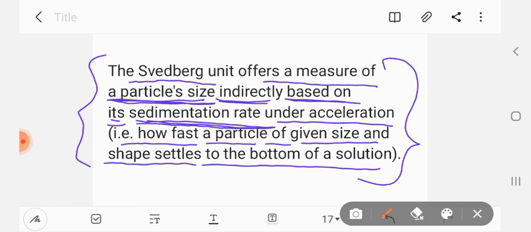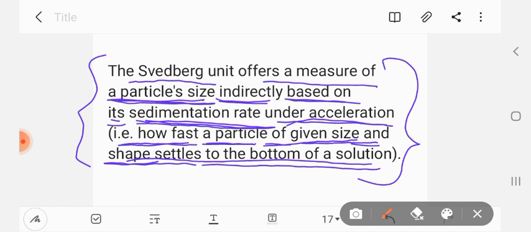So at what rate do the ribosomal subunits settle to the bottom of the centrifugation tube under acceleration, that is, how fast a particle of a given size and shape settles to the bottom of a solution. That is called the Svedberg unit.